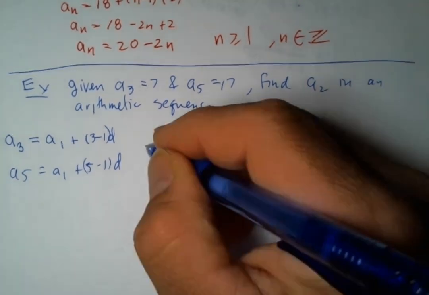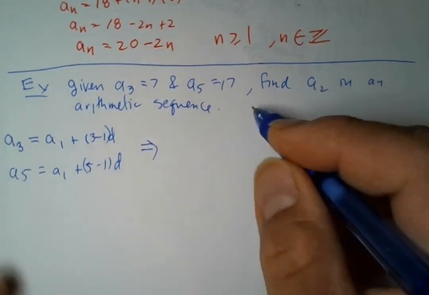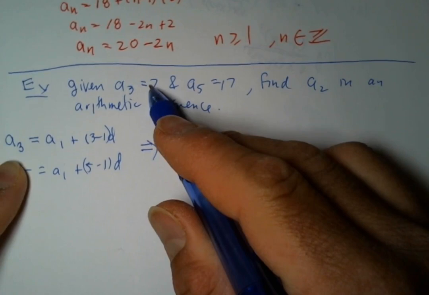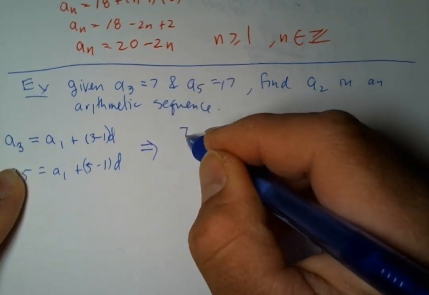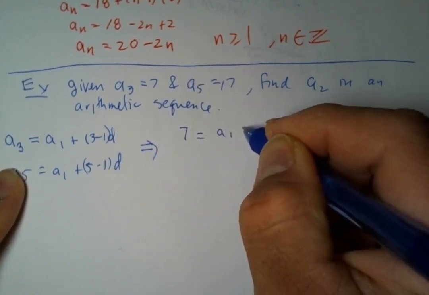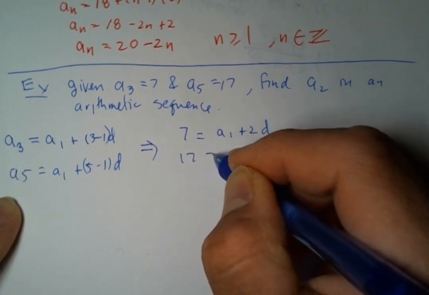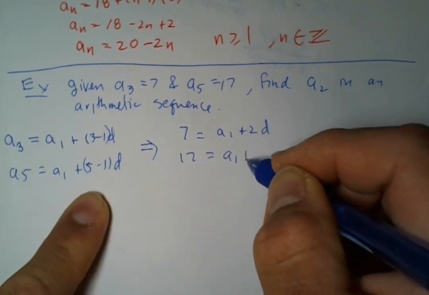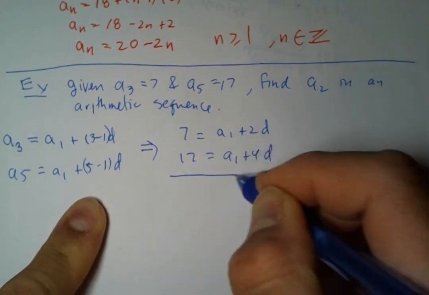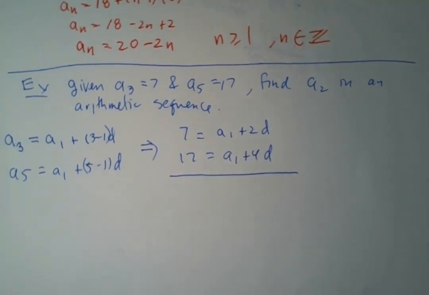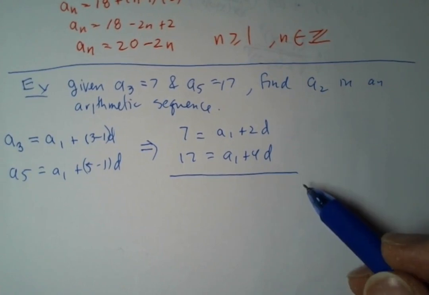So doing a little simplification and substitution, A3 is 7, A1 plus 2D. A5 is 17, A1 plus 4D. Now here we have a little system of equations.